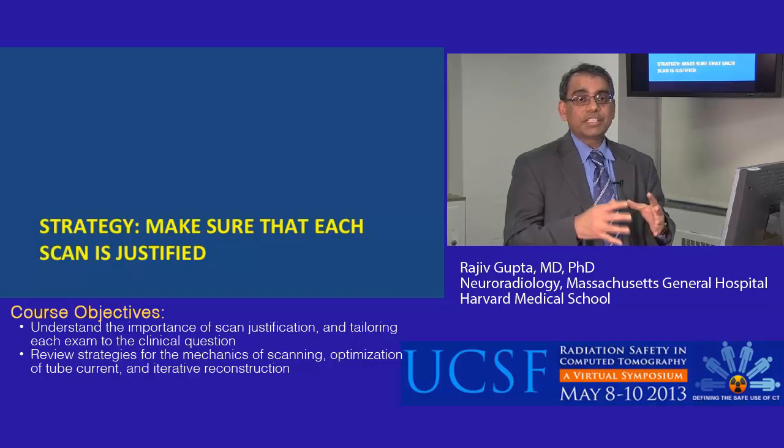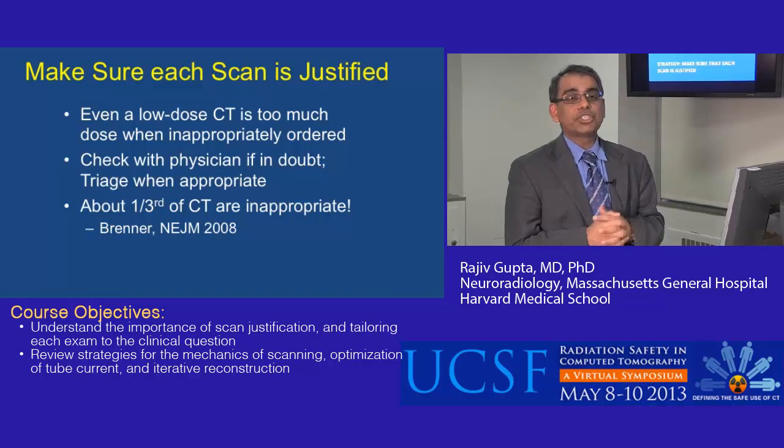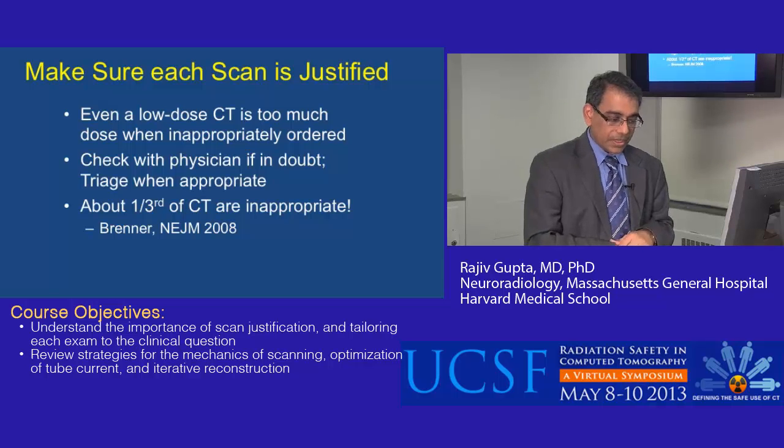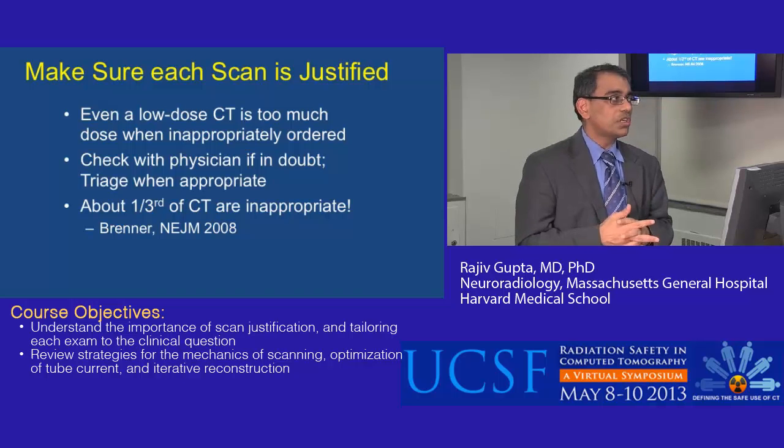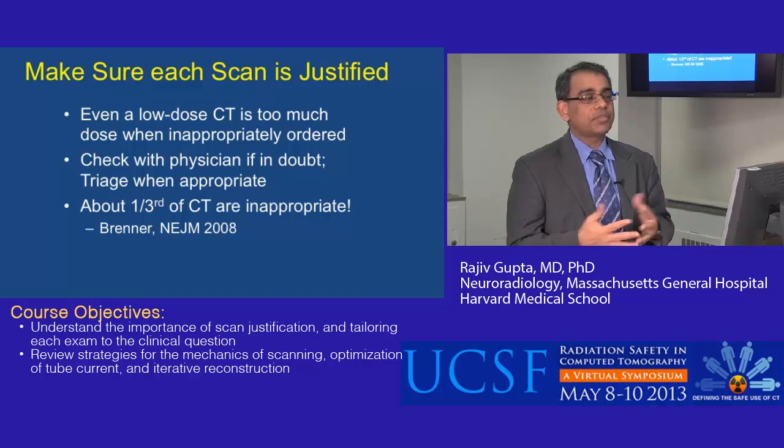So, one of the first things that we can do is to make sure that each scan is justified and is properly ordered. Because even a low dose CT is too much dose when a scan is inappropriately performed.